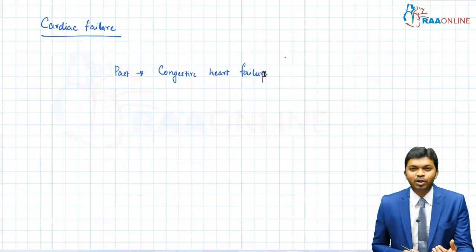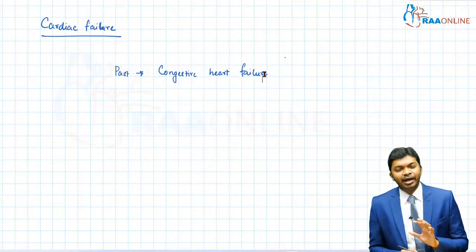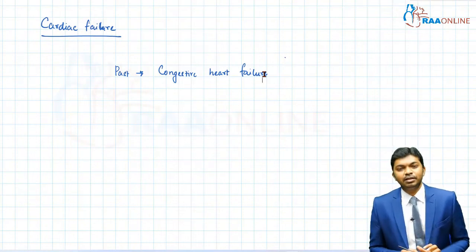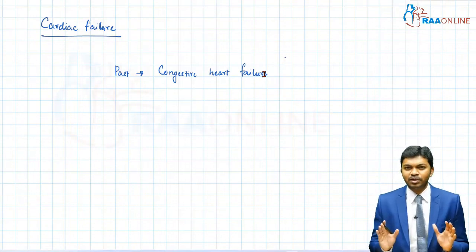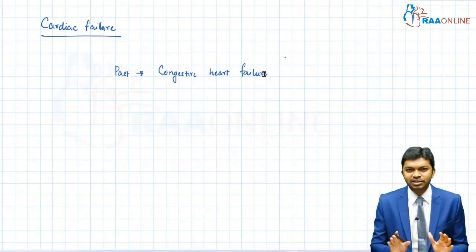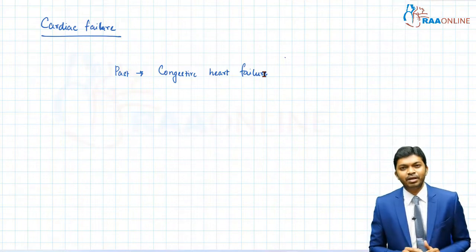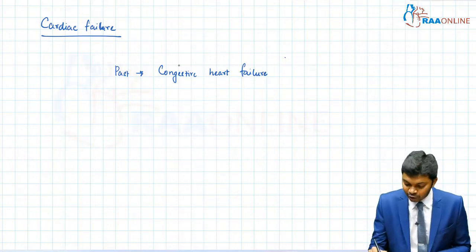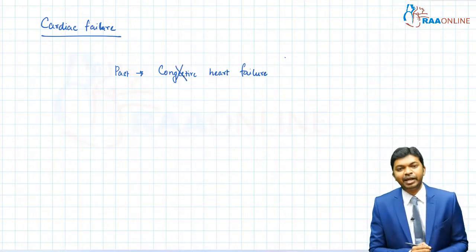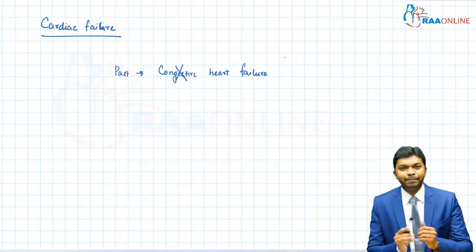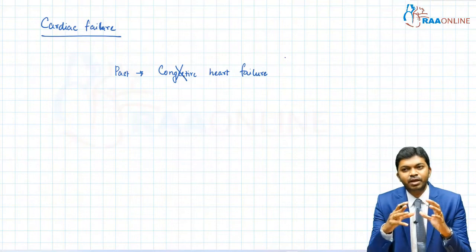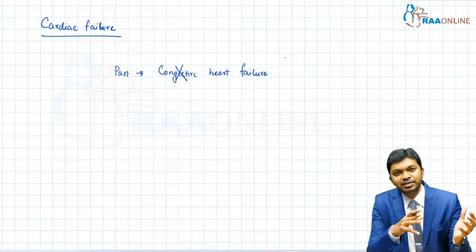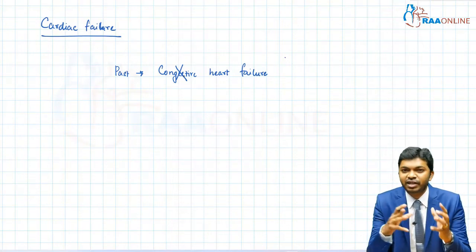Now the recent terminology, as per the American College of Cardiology Foundation, is that they have renamed congestive cardiac failure into heart failure or just cardiac failure, that is all. The word congestive has been taken off. Why? Because the word congestion implies that patients present with symptoms of congestion.